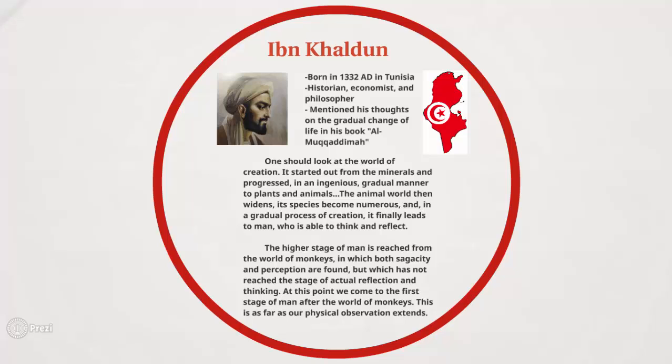The higher stage of man is reached from the world of monkeys, in which both sagacity and perception are found, but which has not reached the stage of actual reflection and thinking. At this point, we come to the first stage of man after the world of monkeys. This is as far as our physical observation extends.